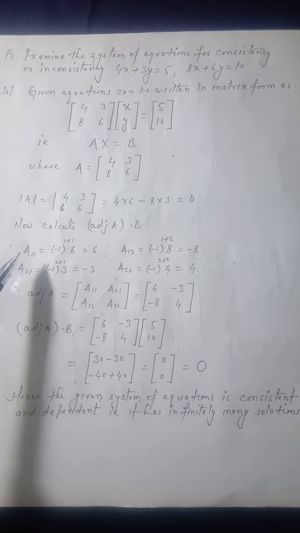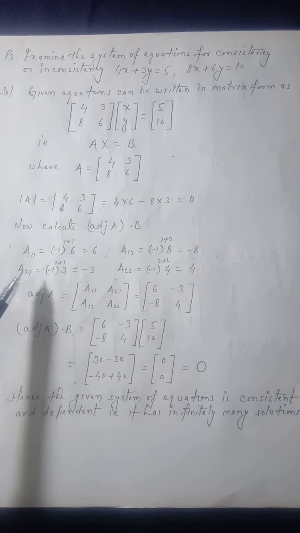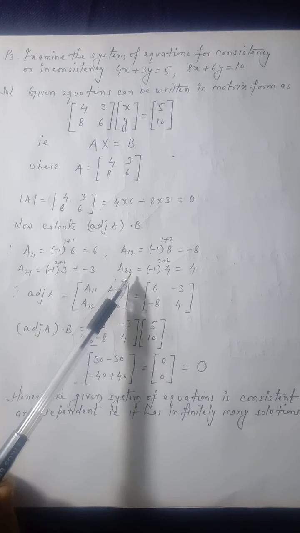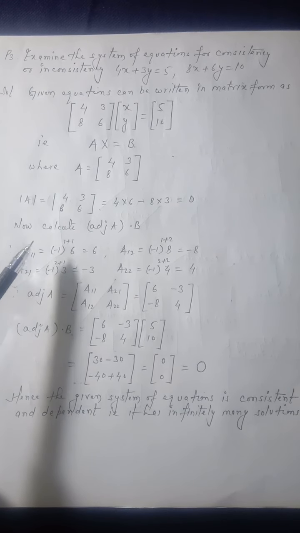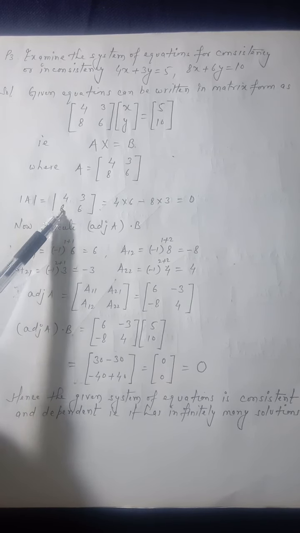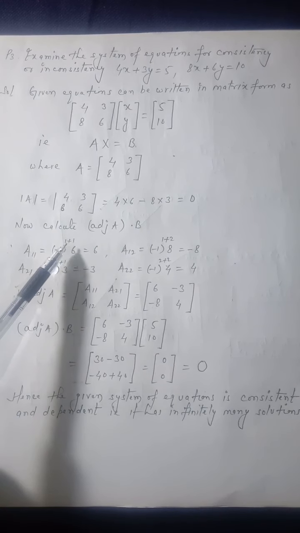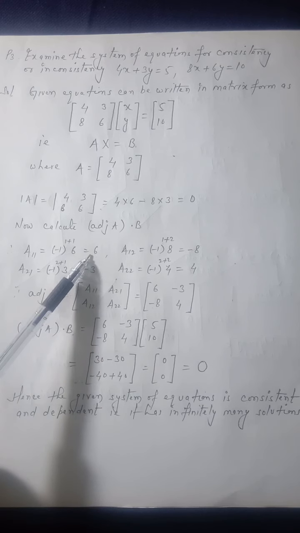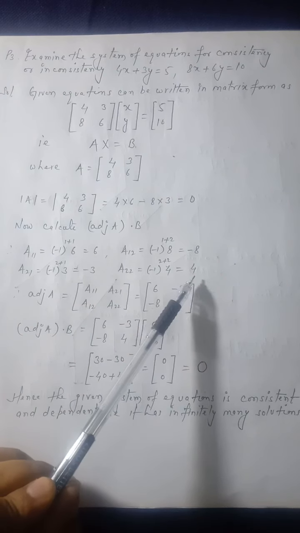So for adjoint, find out cofactors A11, A12, A21 and A22. I hope you already know what is the cofactor, because A11 means we are calculating cofactor of 4. So you delete this column, delete this row, you will get 6. So A11 is minus 1 to the power 1 plus 1 into 6, which is 6. Similarly, A12 is minus 8, A21 is minus 3, A22 is 4.